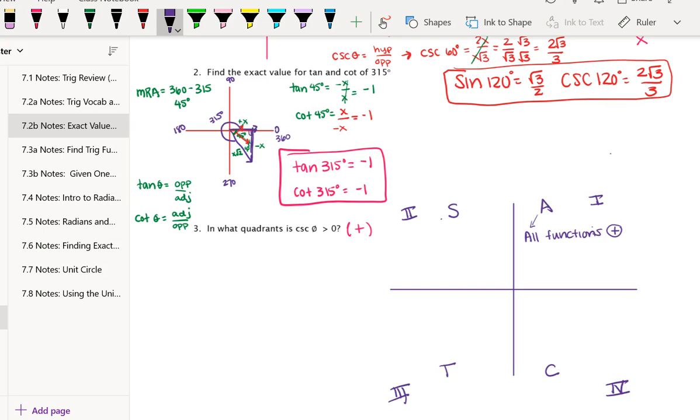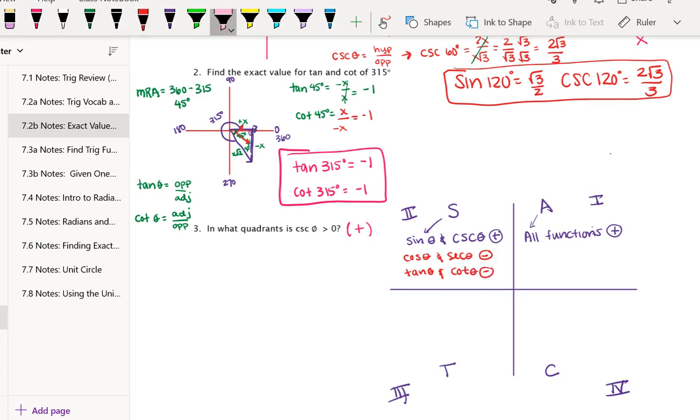So the S: sine theta and its inverse, cosecant theta, are positive, which means that cosine theta and secant theta are negative, and tangent theta and cotangent theta are negative.